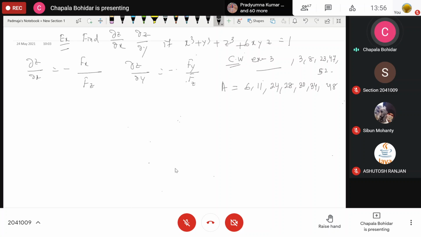Z is equal to root over of 1 plus x square plus y square.